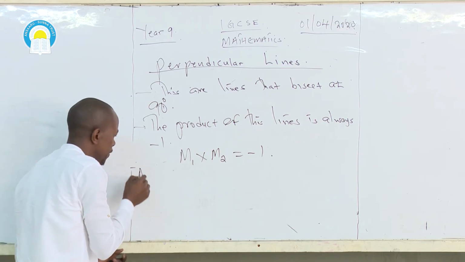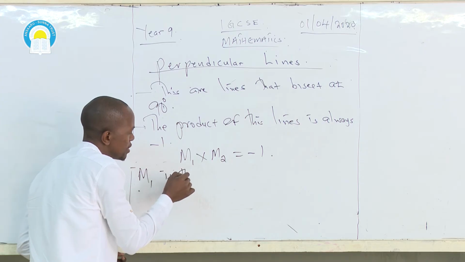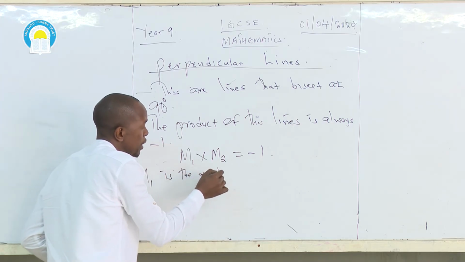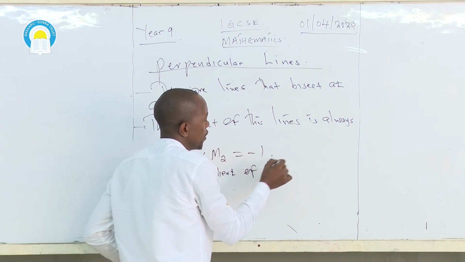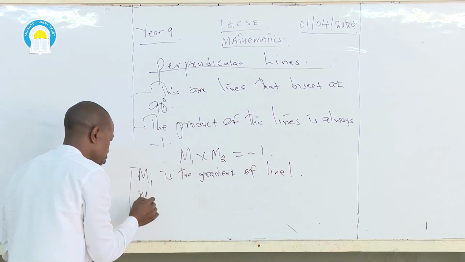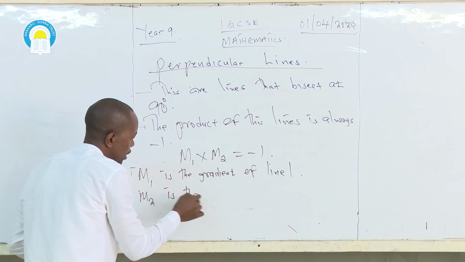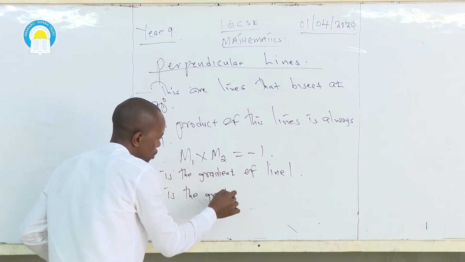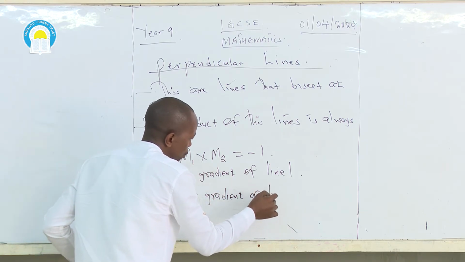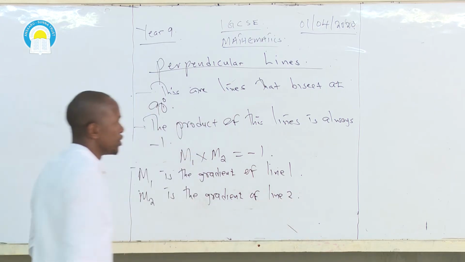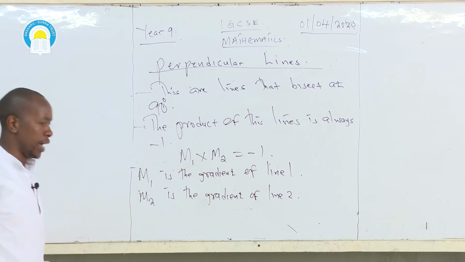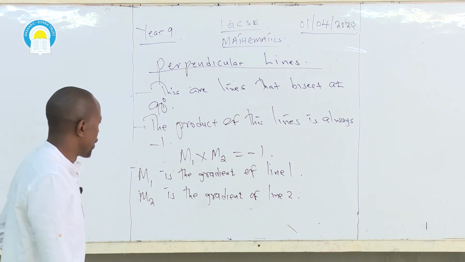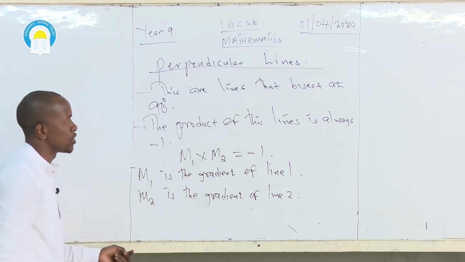But M1 is the gradient of line 1, and M2 is the gradient of line 2, so that you don't worry yourself about what M1 and M2 are.